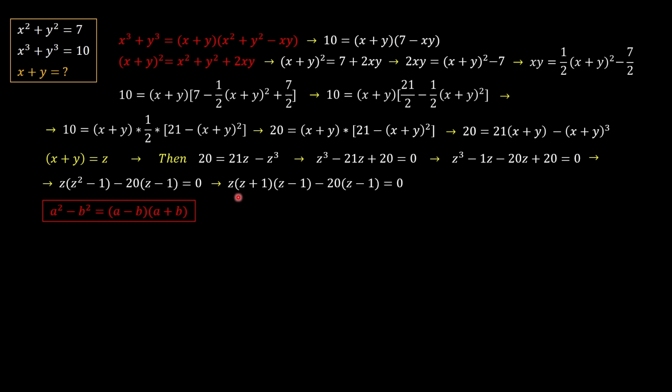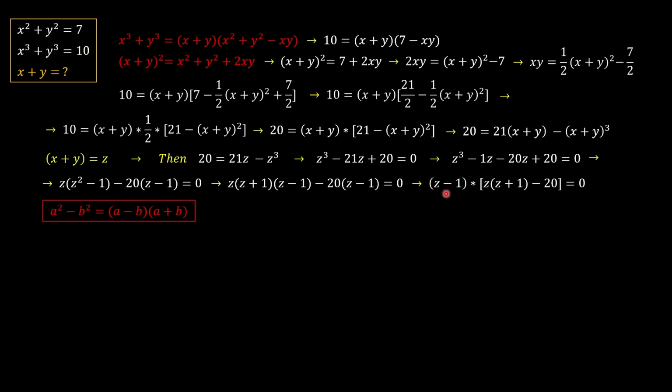Then from here you can notice that we have a common bracket, z minus 1 here and z minus 1 here. Then we can write that (z minus 1) multiplied by square brackets. Inside of the square brackets we have z multiplied by (z plus 1) minus 20, and everything equals 0. This equation is also the same as this equation.